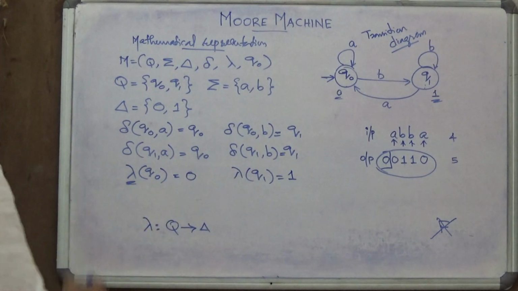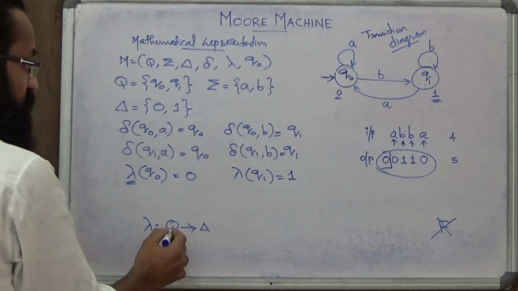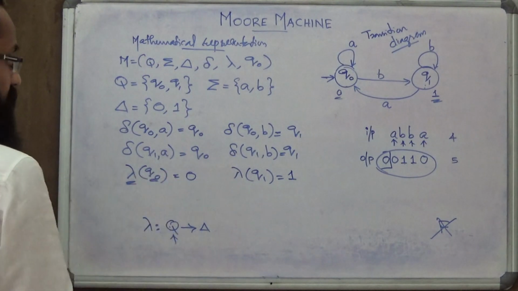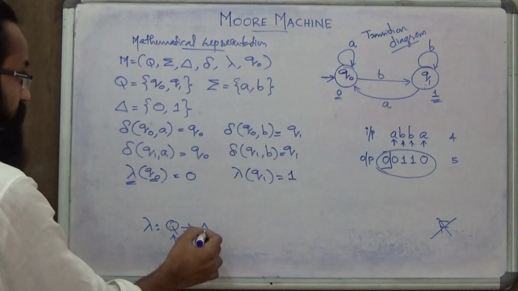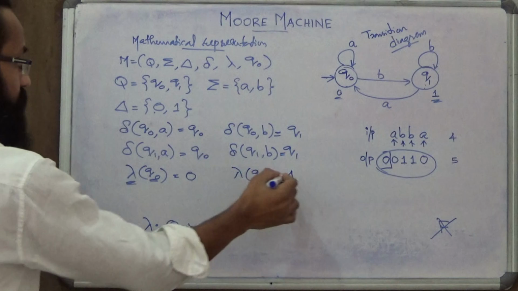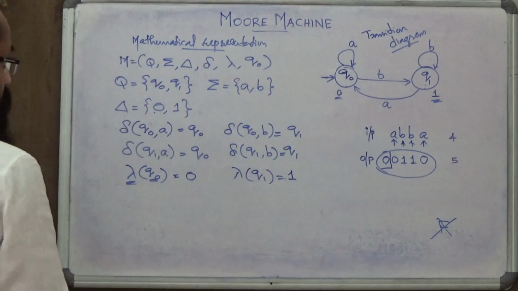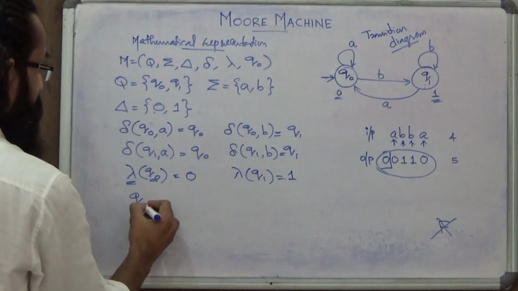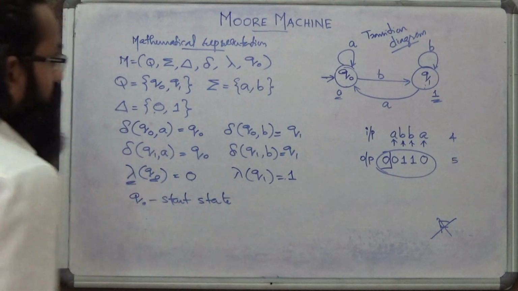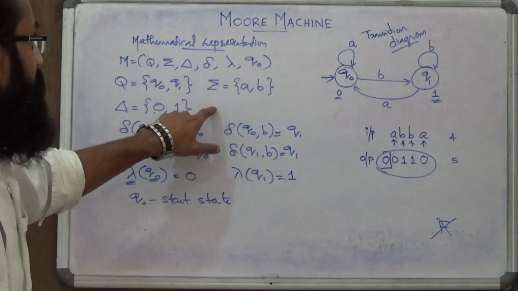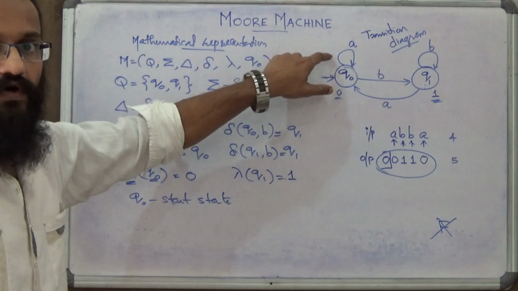The function lambda receives an element that belongs to the set of states Q as a parameter, and it will give a result which is a member of delta. Okay. Now you can say that Q0 is the start state. So this is the mathematical representation of this particular model, the Moore machine.